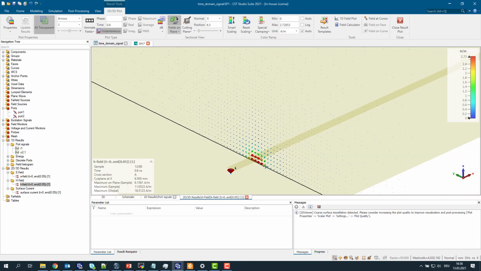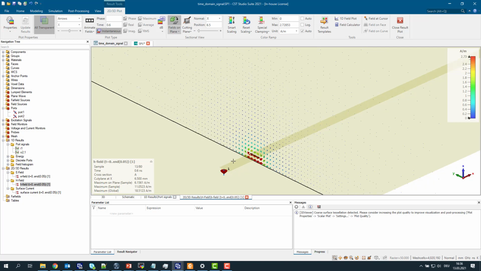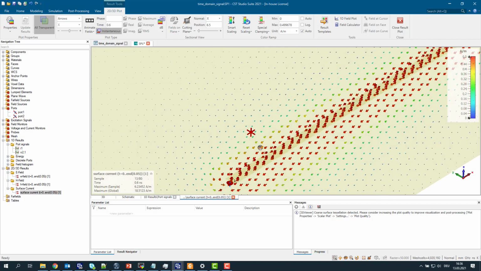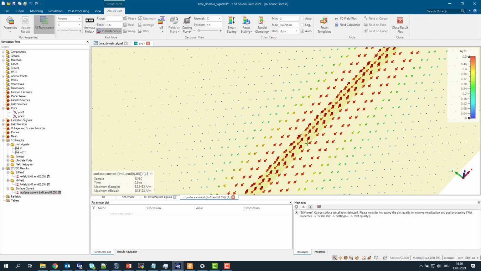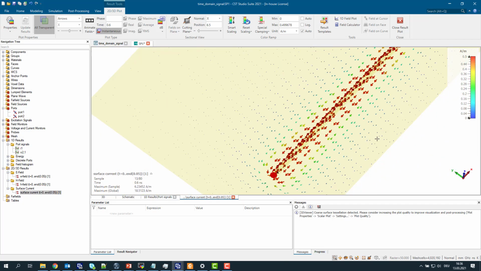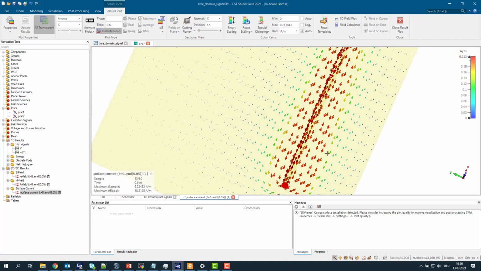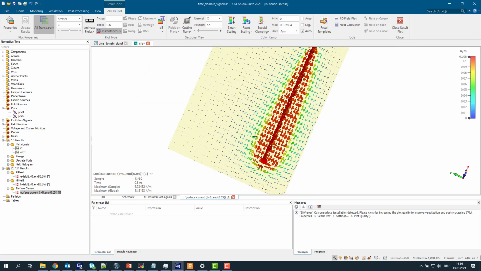And the current is also not bound. On a signal trace it's pretty much bound to the trace, but on the ground plane itself you can see it has a certain distribution. If I crank this up, of course it falls off, but it is still present.